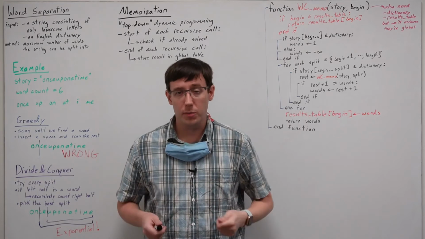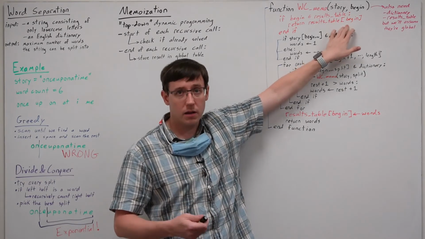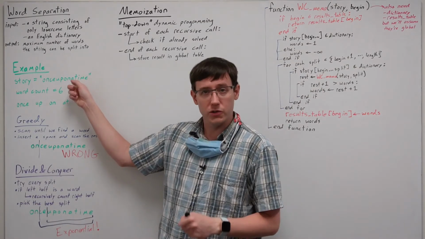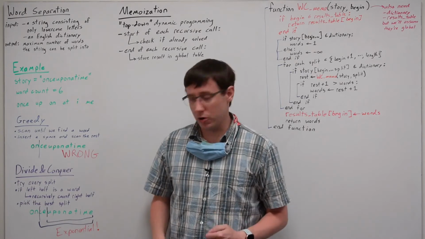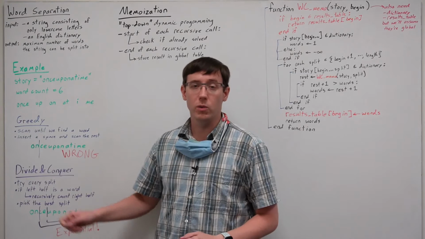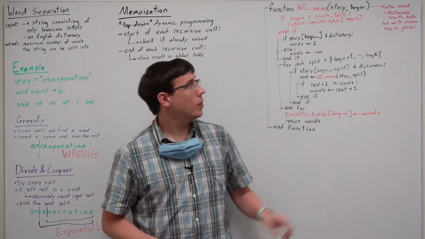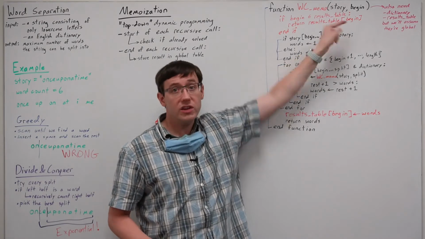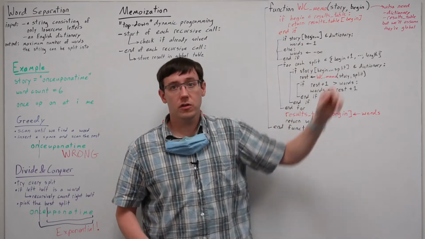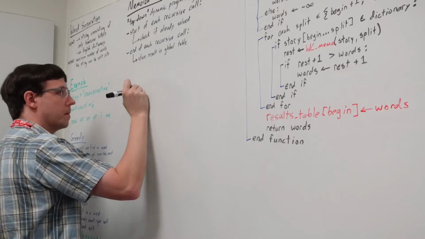And since our subproblems correspond to indices in the string, we can simply allocate an array with length equal to that of our story, and if we make a recursive call starting from a particular index, then we will check that entry in our table. Since our subproblems correspond to indices into the string, let's also use that index to find a subproblem in our results table.